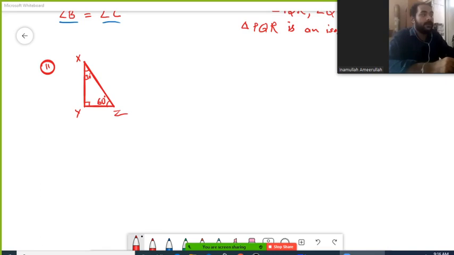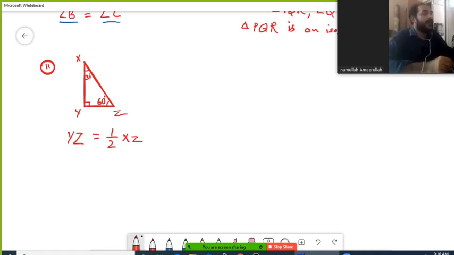In triangle XYZ, one angle X is of 30 degrees. So in that case, I can say that the length of YZ is half of the hypotenuse, and the hypotenuse is XZ.